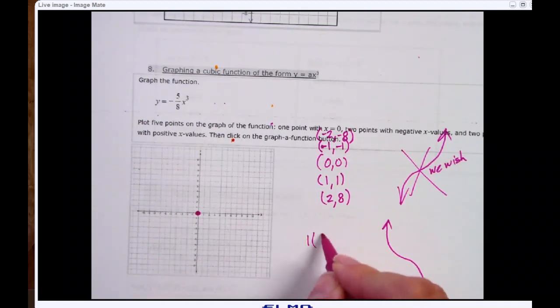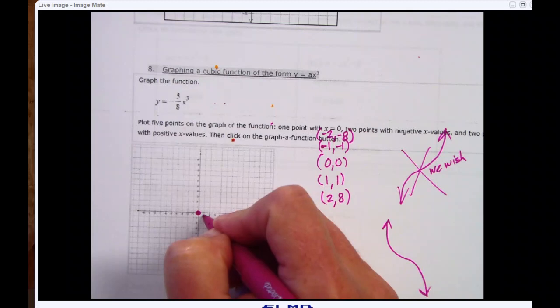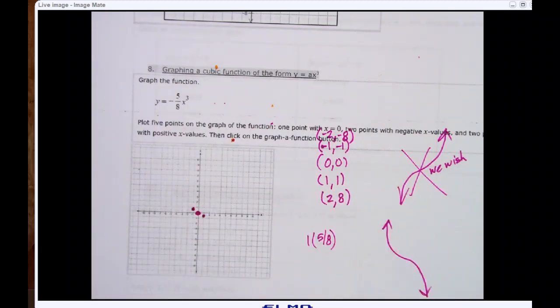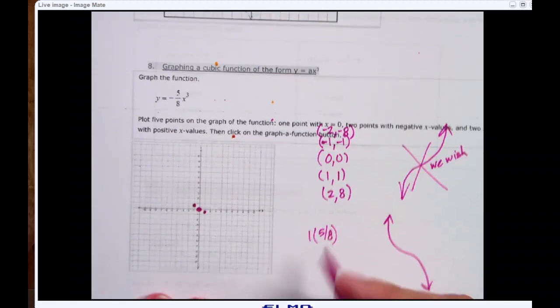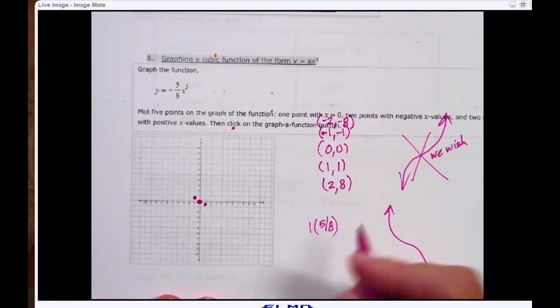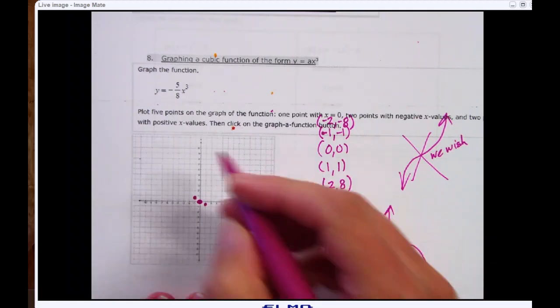We've got 1 times 5/8, which is 5/8. So you'll have to type that in. So we'll have it here, and we'll have it here. That's so gross. And then our up or down 8 is 8 times 5/8, which is just 5.